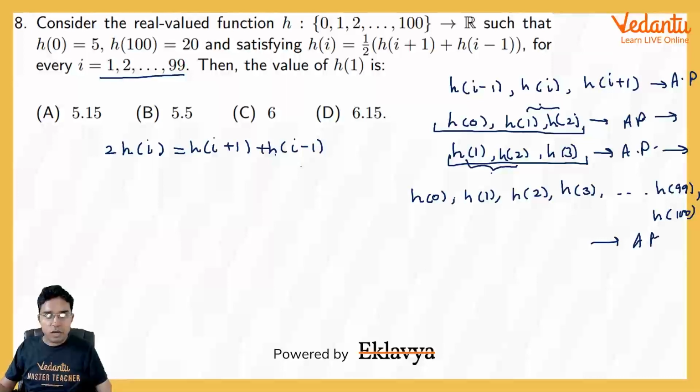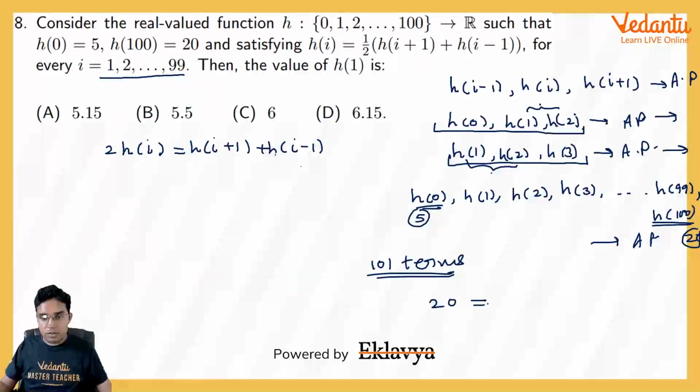So it is actually like h0, we know it is 5, and h100 is 20 as given in the question. So this will have 101 terms in this AP, and the 101st term is 20.